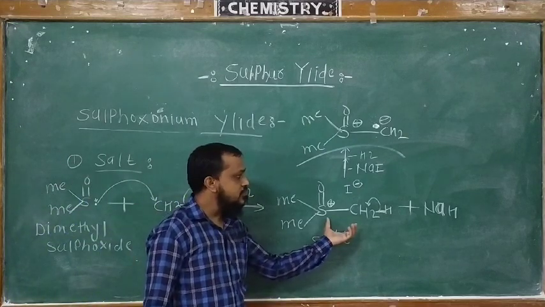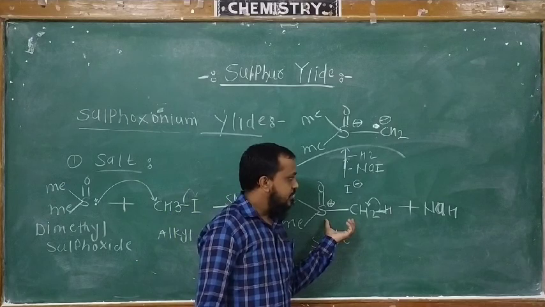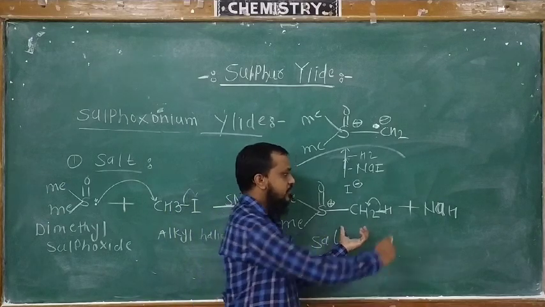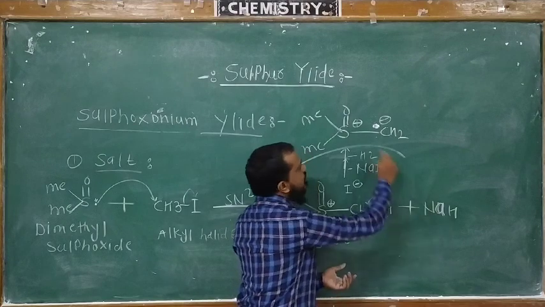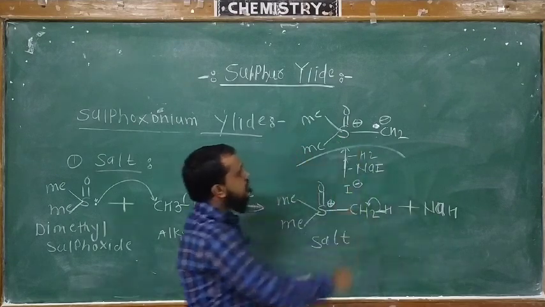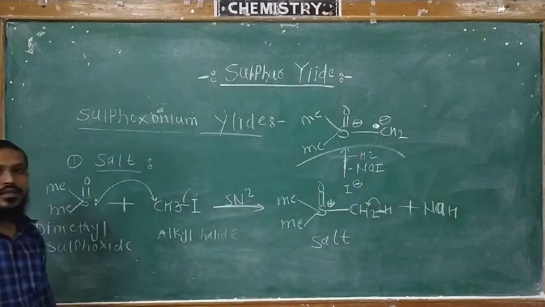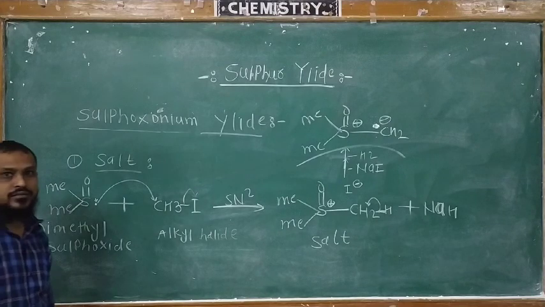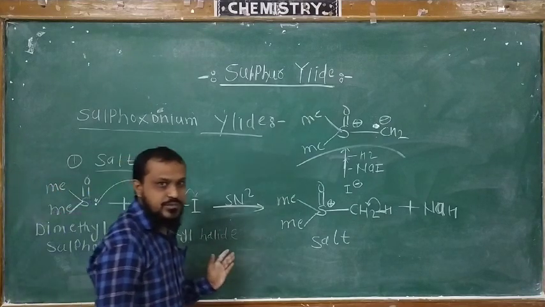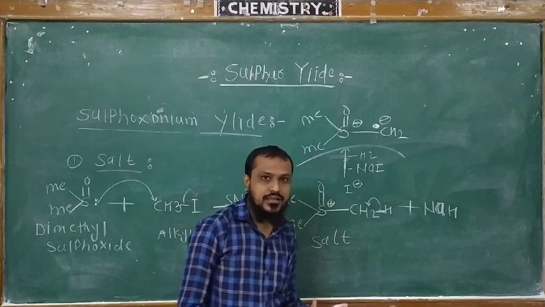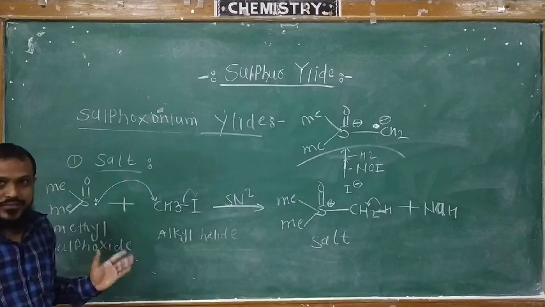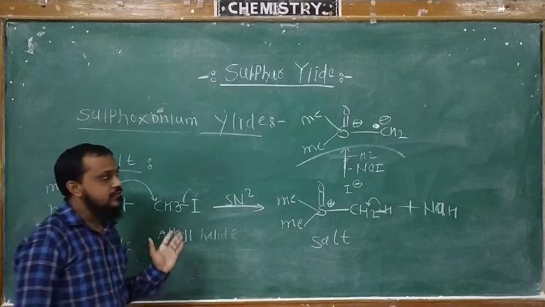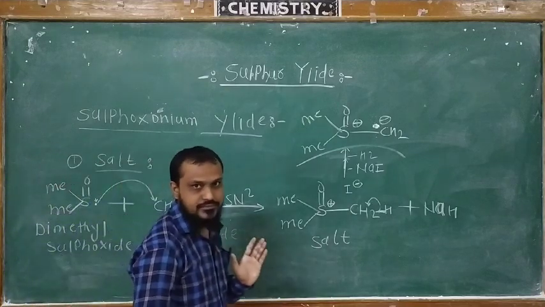This salt undergoes deprotonation, because one proton will be removed with a strong base to form our desired product, sulfoxonium ylide. So this is the another type of sulfur ylide. I hope you understand their definition and their preparation with mechanism.